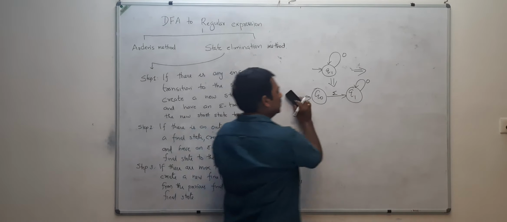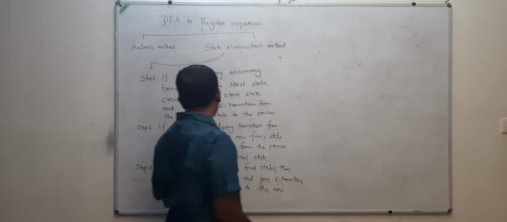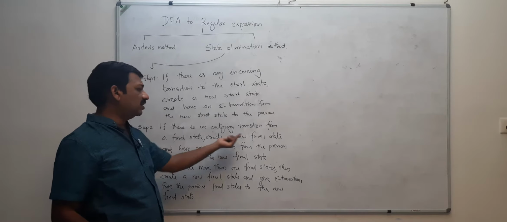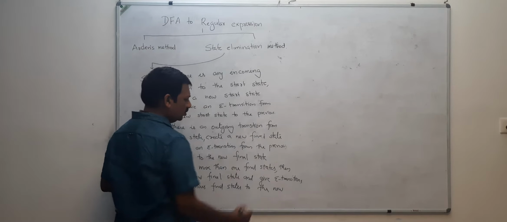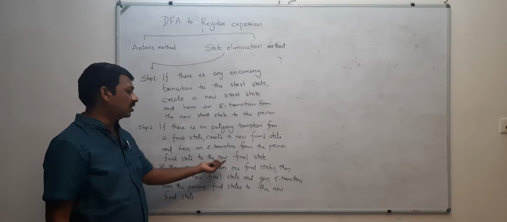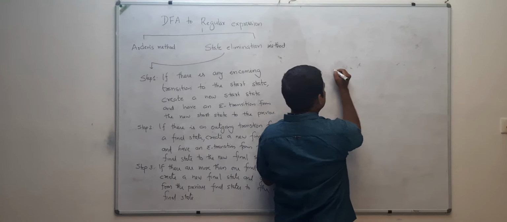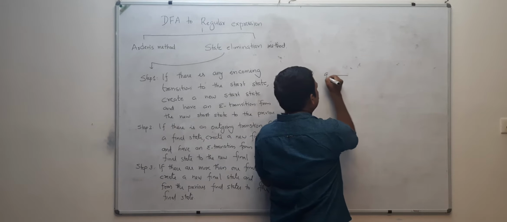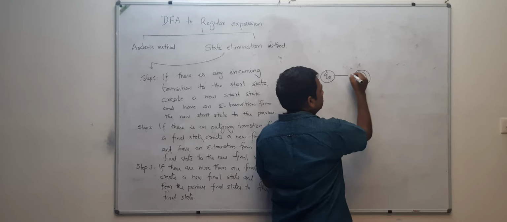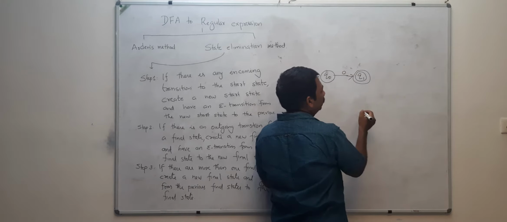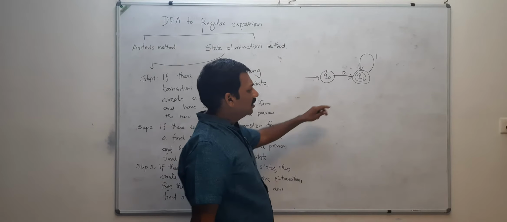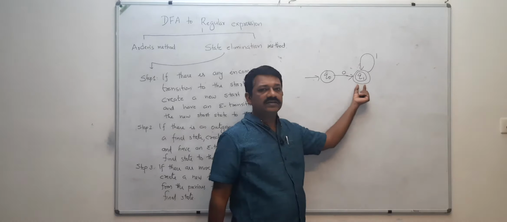Now the second step is, if there is an outgoing transition from a final state, create a new final state and have an epsilon transition from the previous final state to the new final state. Suppose that you have Q0 and suppose that Q1 is a final state with 0, and suppose that you have 1.